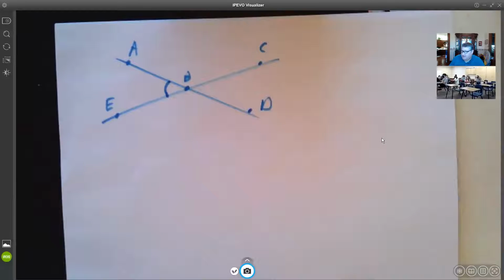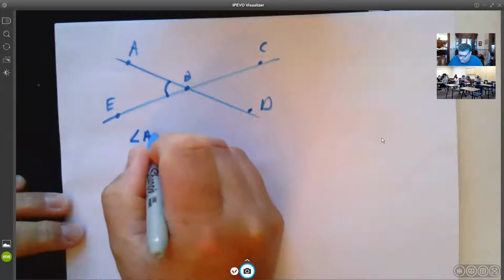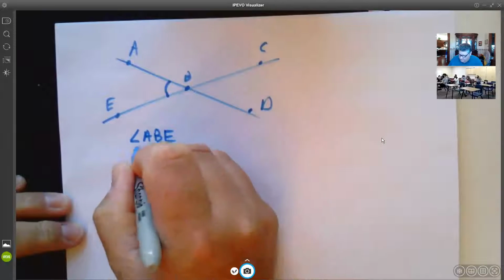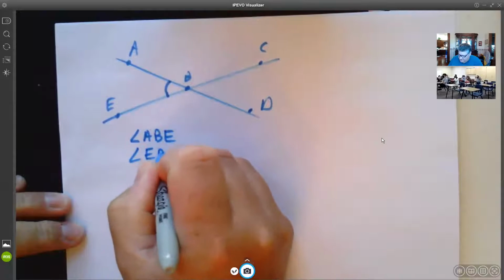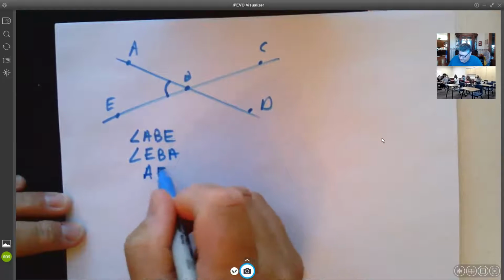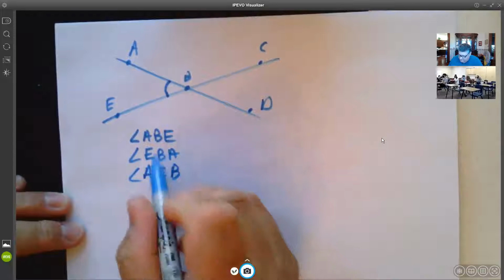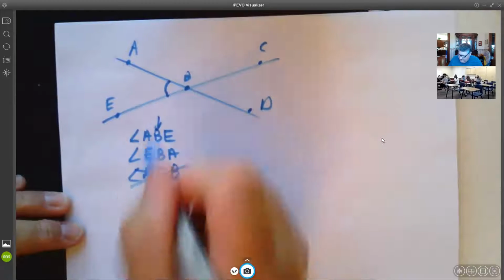What are the three letters that are required here? A, B, and E. So angle ABE, or we could say angle EBA.